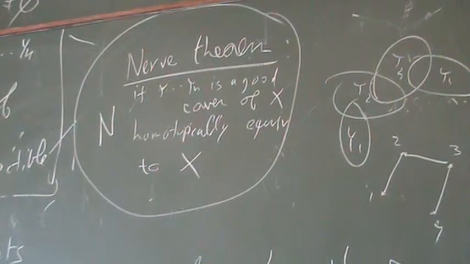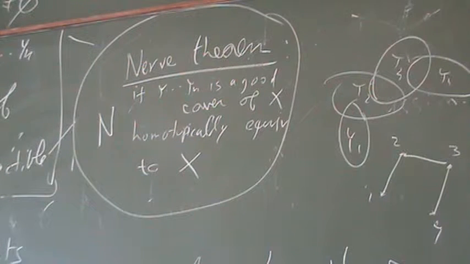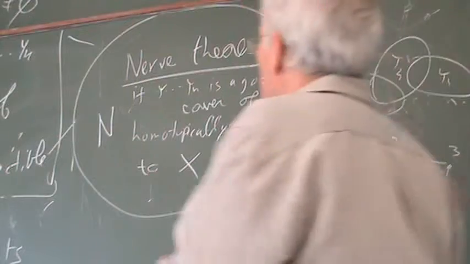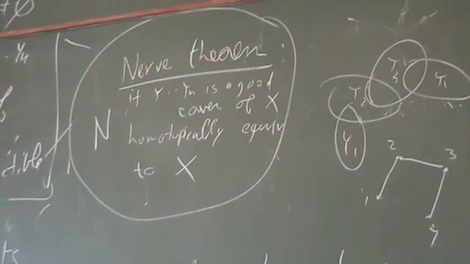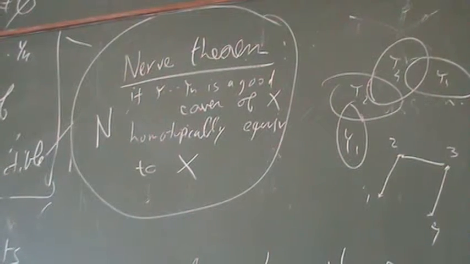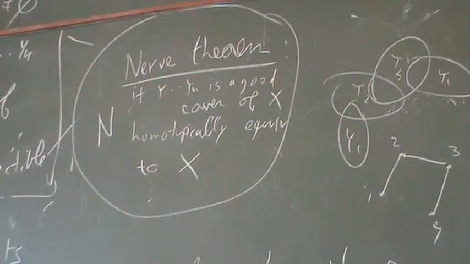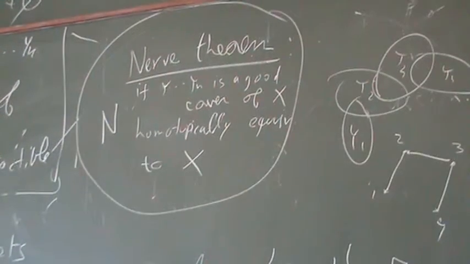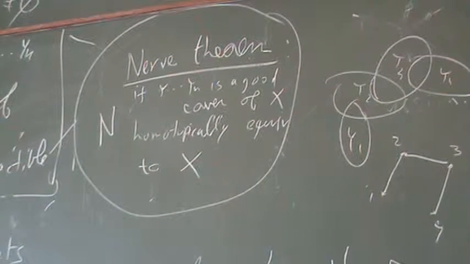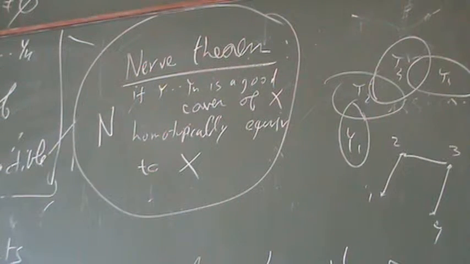The nerve theorem was proved several decades after Helly, so in some sense Helly anticipated this development. But once you know the nerve theorem, Helly's theorem follows immediately, because if there was a counterexample to Helly's theorem, then the convex sets which give this counterexample, their nerve will be the simplicial complex which is the boundary of a simplex in higher dimension.